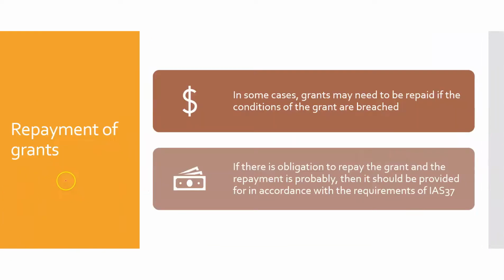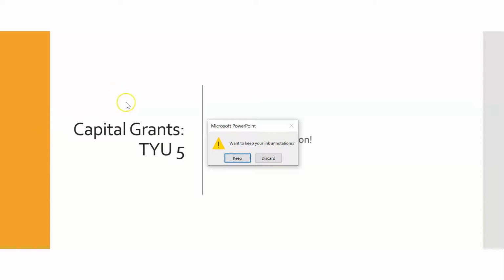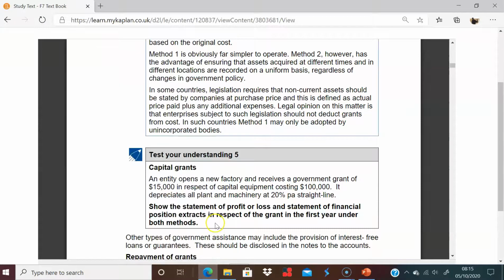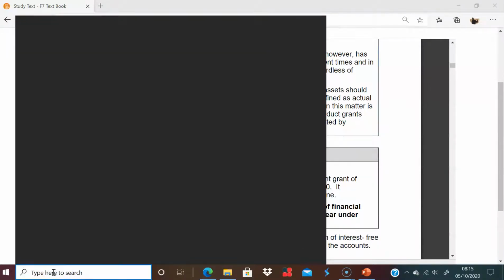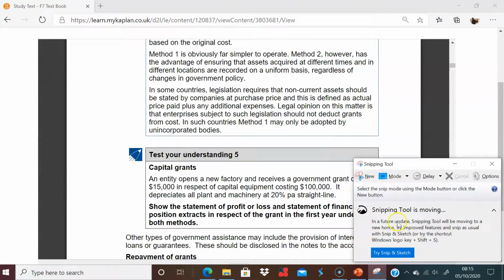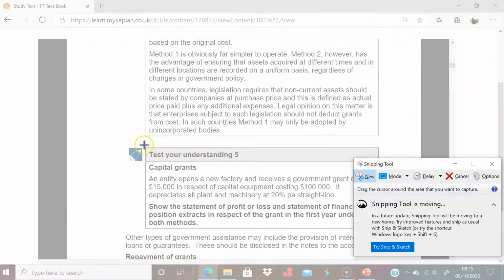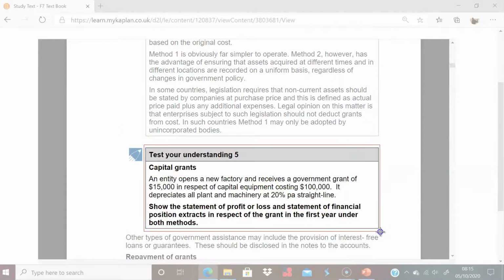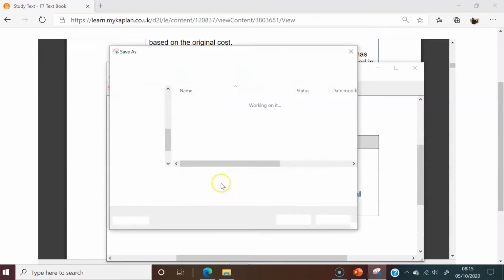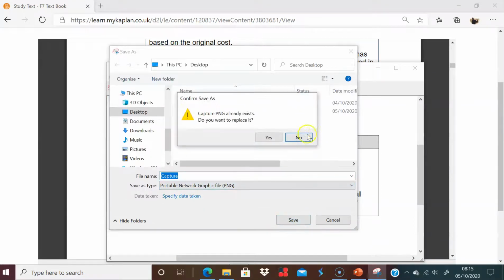So looking at TYU5, here we are. So entity opens a new factory. In fact, you know what? Let me just snippet this out so I can write on it very quickly. Just take this out and put it on my slide. Almost there. Capture, capture.